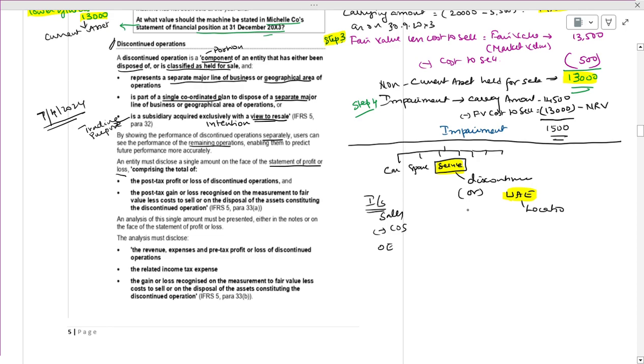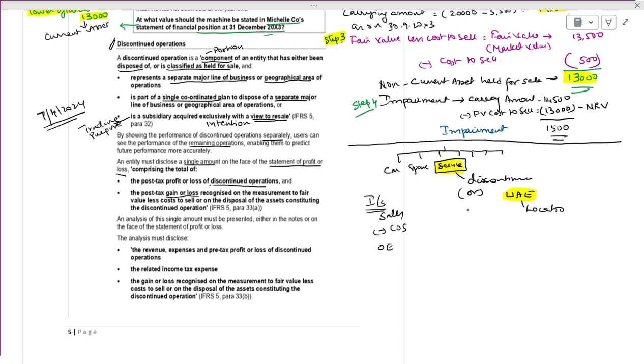The entity must disclose a single amount on the face of the statement of profit and loss: the post-tax profit or loss of the discontinued operation, separately. Any gain recognized should be shown separately.